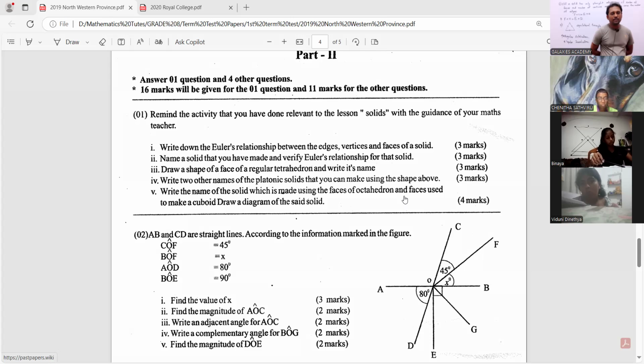Octahedron means, octa means what? 8, right? 8 faces. Write the name of the solid which is made using the faces of an octahedron and faces used to make a cuboid.